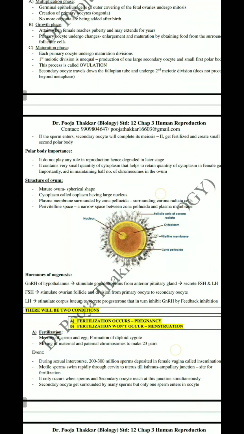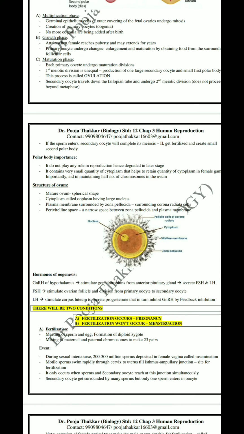Now, which kinds of hormones are present during the oogenesis process, which we have discussed earlier, right? So GnRH from the hypothalamus is stimulated, and that will stimulate gonadotrophins from the anterior pituitary gland. Now, every time this anterior pituitary gland is producing some kind of hormones for particular organs.